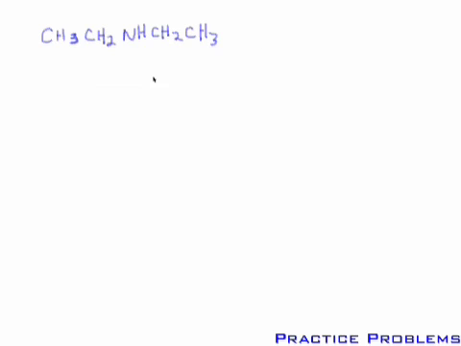Okay, so we're going to compare diethylamine to this molecule, and it is called pyrrolidine. Diethylamine has a lone pair on nitrogen, and pyrrolidine has a lone pair. And these lone pairs are susceptible to protonation. As such, both molecules are bases.